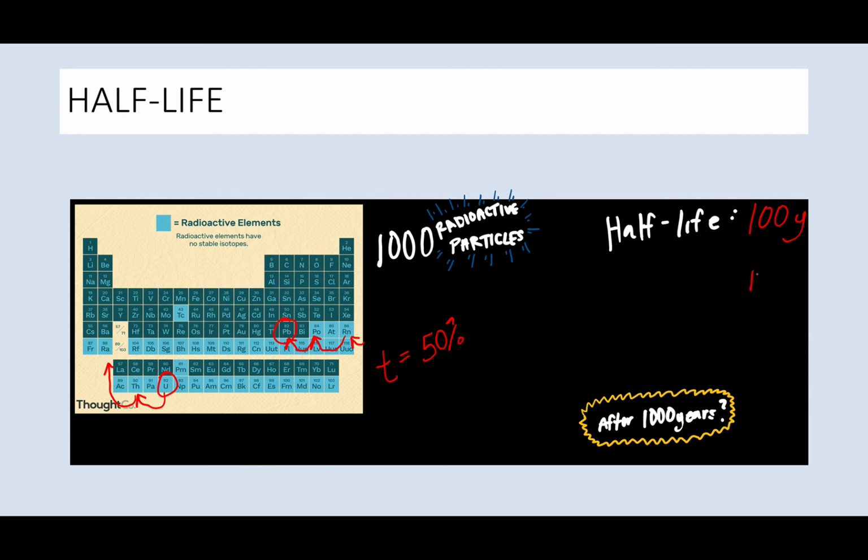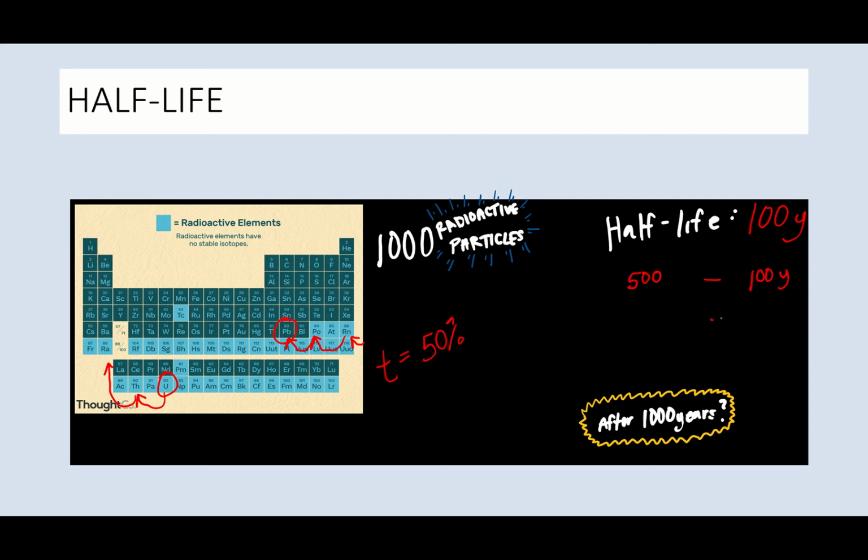Meaning, if we've been watching these particles for 100 years, and then we measure again, we should only see 500 radioactive particles. This means that 500 of those radioactive particles actually decayed to their more stable state. The 500 that we see are still in their unstable state.